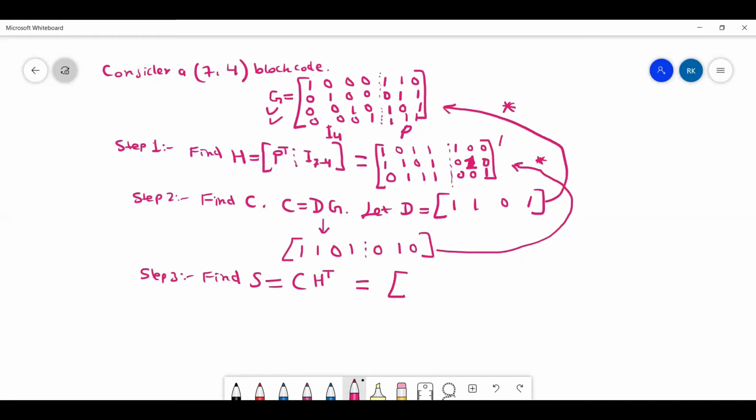And we will find that it is going to be a 0 vector. So what does this mean? This means that if the third bit from left of the code vector suffers an error in transmission, the received vector R will be R is equal to 1, 1, 1, 1, 0, 1, 0.